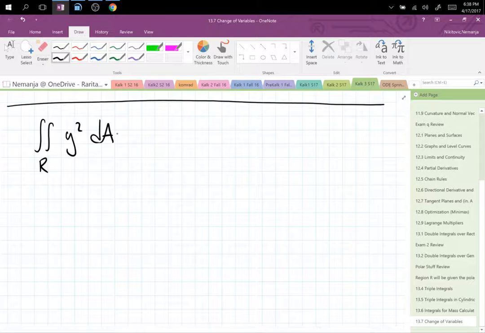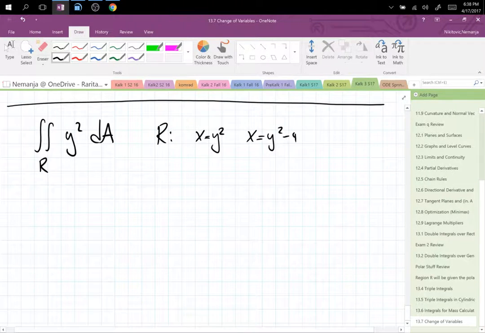And you say, why on earth would you transform this? It's easy, y squared, just integrate. Well, the problem is the region R. So region R gets to be this nasty region. It's in between x equals y squared, x equals y squared minus 4, x equals 9 minus y squared, and x equals 16 minus y squared.